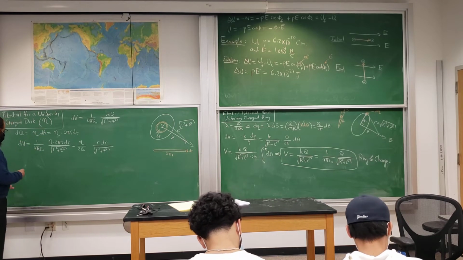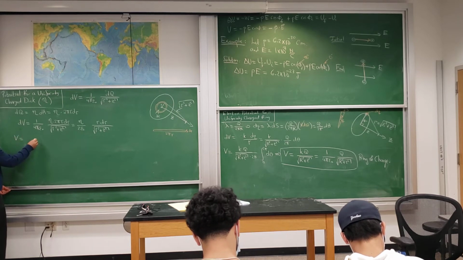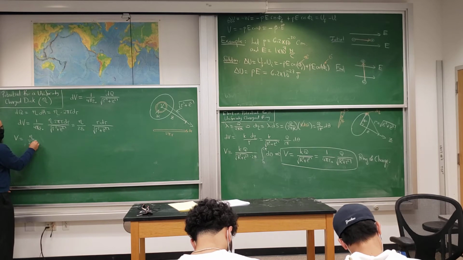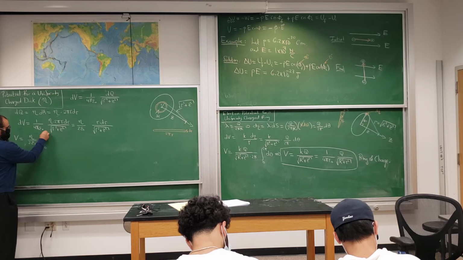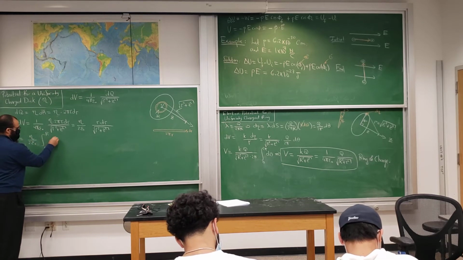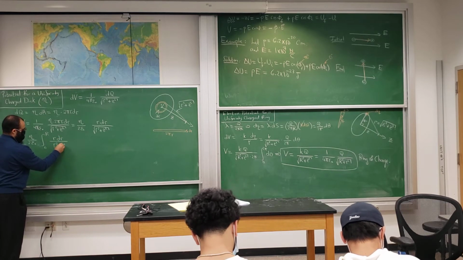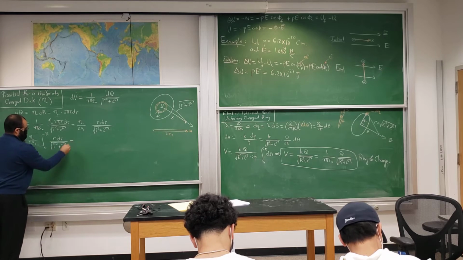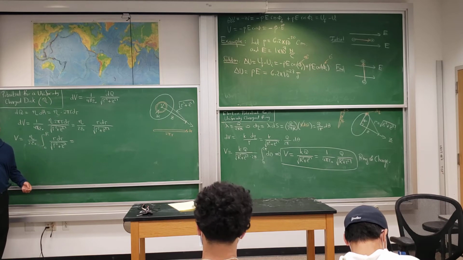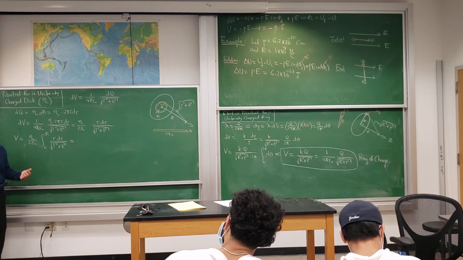So my V would be eta over 2 epsilon naught, integral now from 0 to capital R. Again, eta and epsilon naught are constants, so they come out of the integration. And you have r dr over the square root of r squared plus z squared. So you can use U substitution, or you can think about what the antiderivative should be.